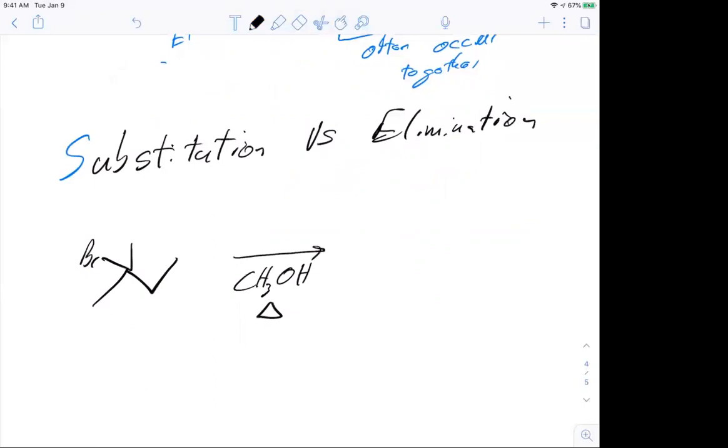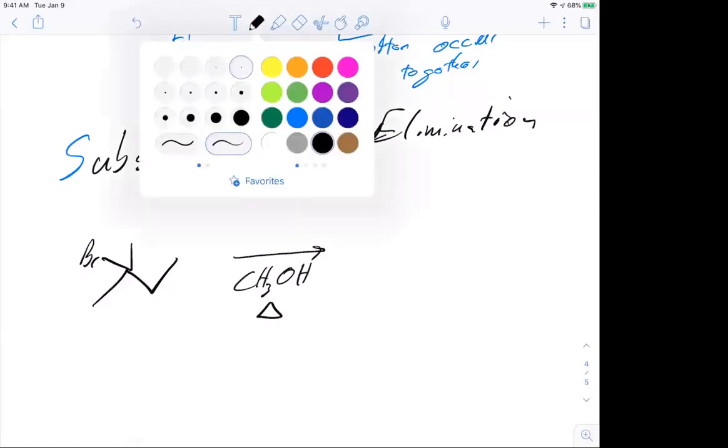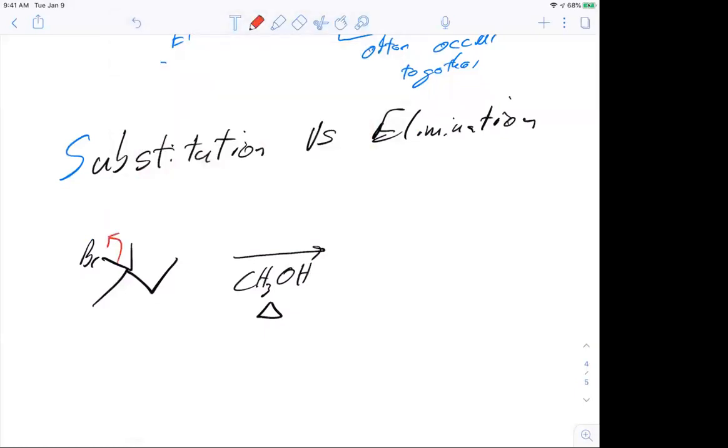So if we look at this reaction, the first step is loss of the leaving group to form a carbocation. This is a tertiary group, so we can form a carbocation.